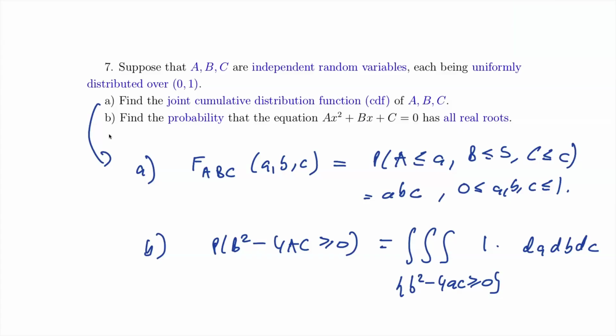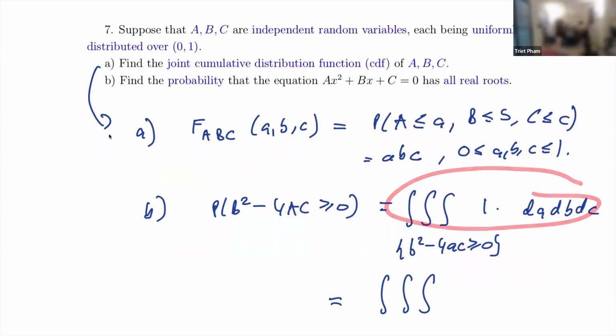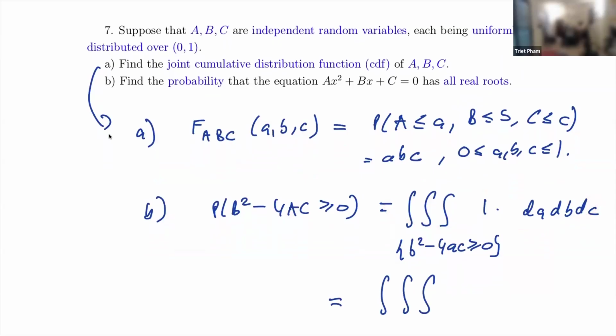So what's the order? The order should be dB first, and then the dA dC or dC dA doesn't matter, I guess.